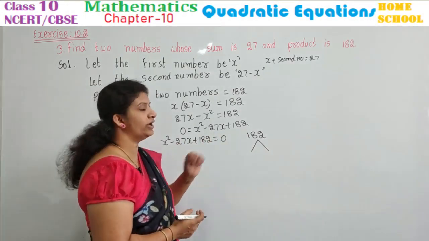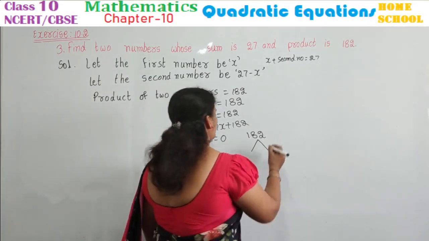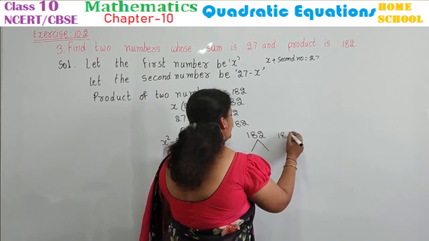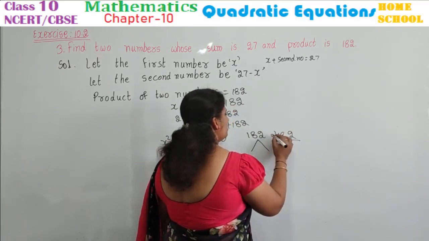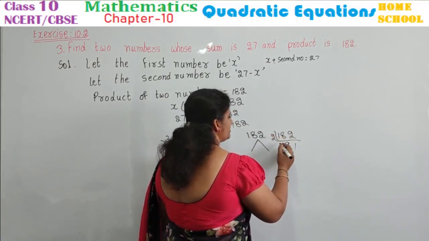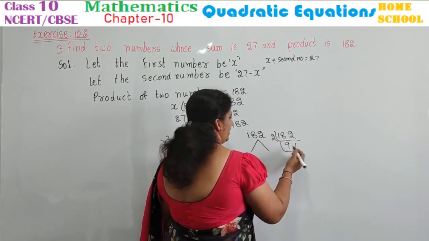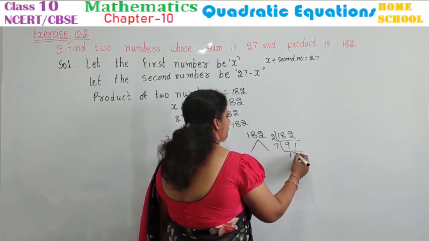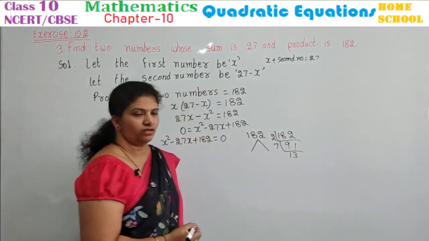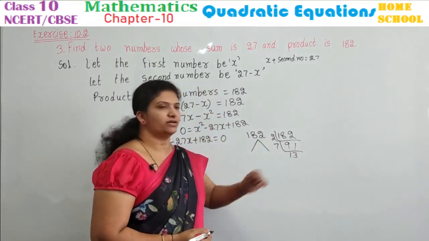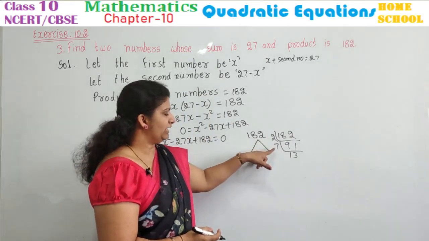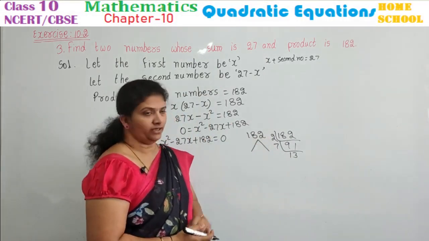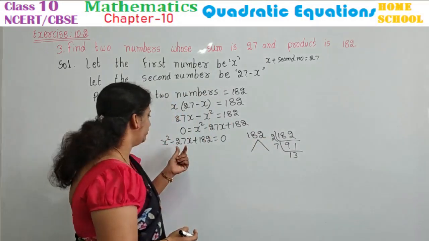Easy method, do the prime factorization of 182. 2 ones are 2, 2 nines are 18, 2 ones are... then 7 ones are 7, 7 threes are 21. That's it: 2, 7, 13. Let me multiply here. 7 twos are 14. 14 and 13, do you get?